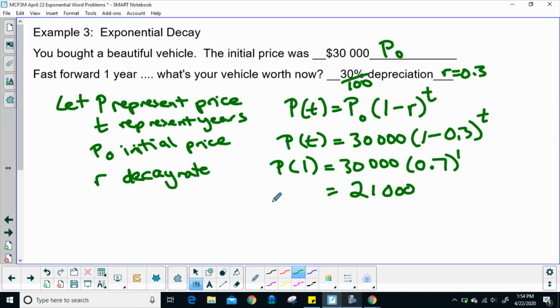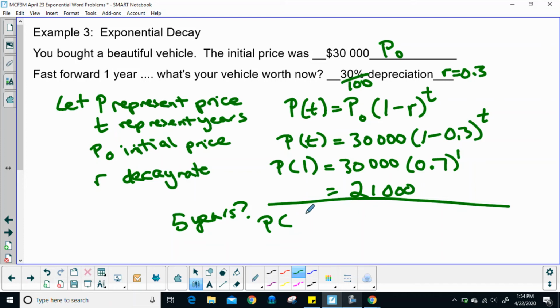What if that decay rate kept going? Let's figure out after 5 years. Same equation, the same depreciation rate for 5 years: 30,000, and this time it'll be 0.7 to the exponent 5.